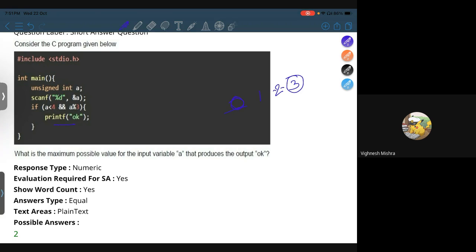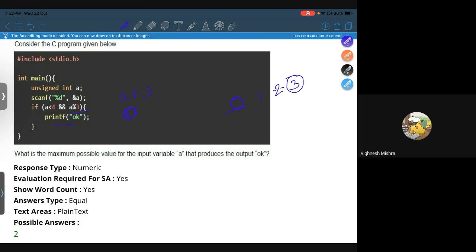Okay. A should be divisible by 3 and A should be less than 4. Wait, there's a catch I haven't seen. A percentage 3, if this is 3, then this will return 0. So this and will fail.